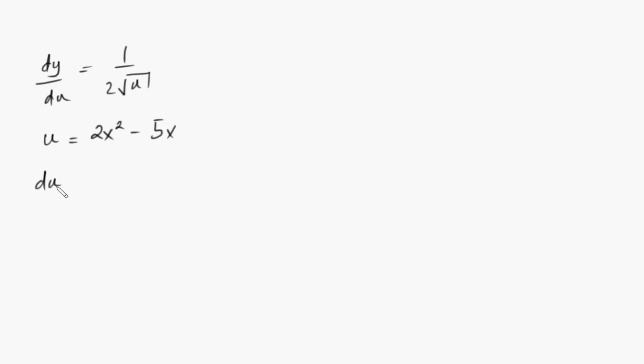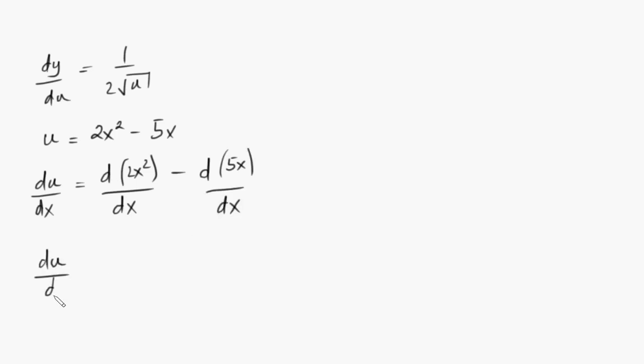So what about du/dx? So du/dx is just I differentiate. We have learned derivatives of polynomials in earlier tutorials. So d/dx of 2x squared minus 5x. My du/dx is 2, a constant, I take it out, so this one is d/dx of x squared, and 5 I take out, so this one is d/dx of x.